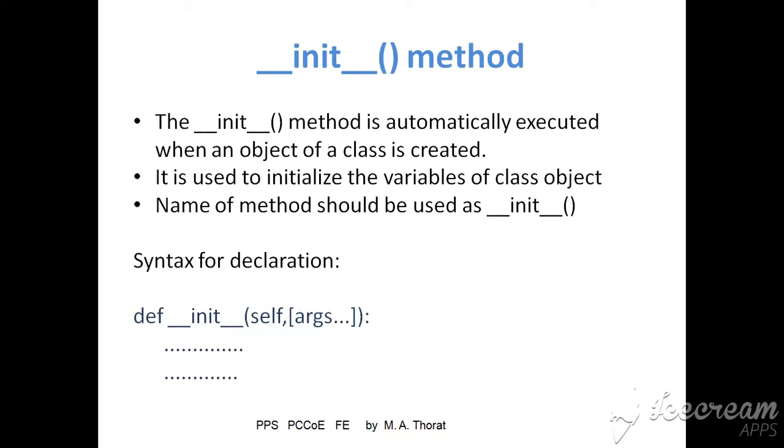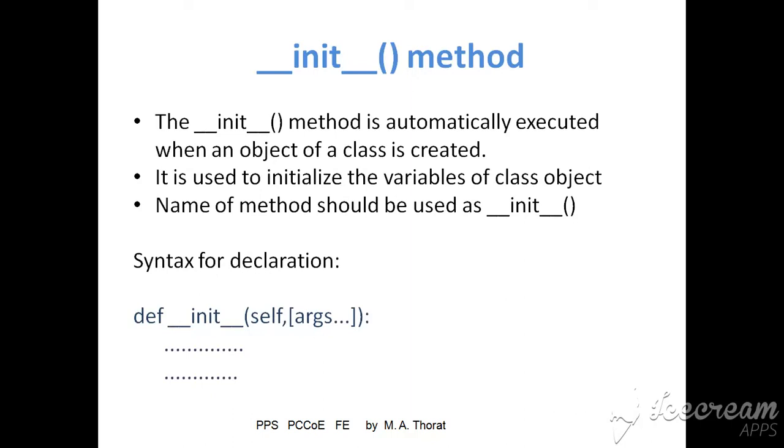It is basically used to initialize values to class variables. If I want to assign default values to the class variables, or the object variables, we can easily assign values to the attributes just by writing initialization statements in the init method.